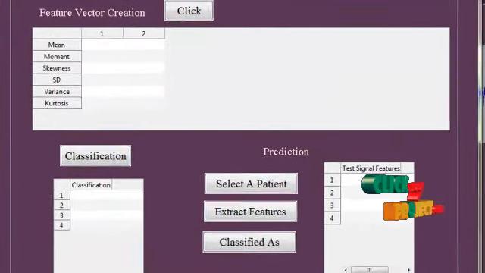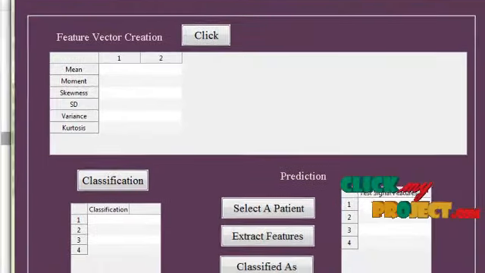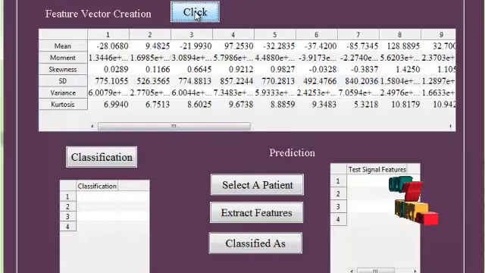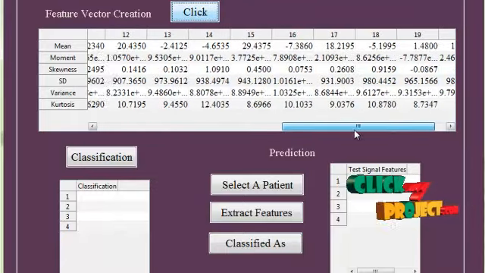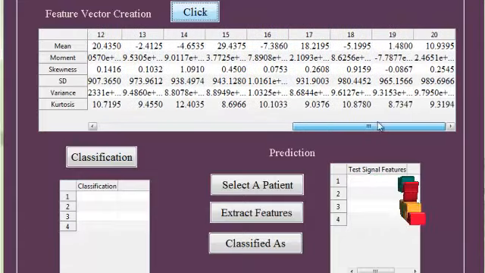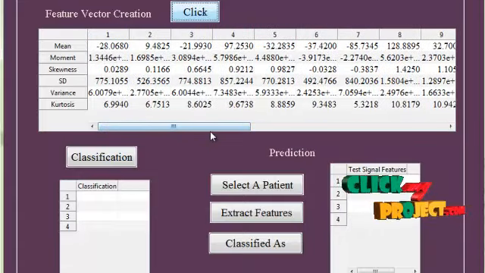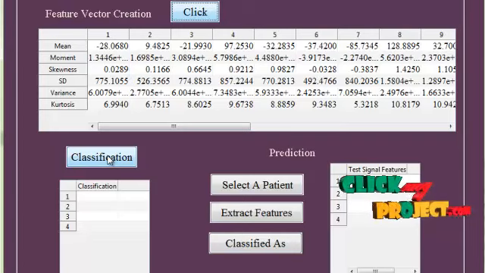This is a GUI representing the feature extraction. When I click this, you will get a feature vector arrangement. Column represents the patient and row represents the features. Then you will be classifying each patient whether he is a normal or Parkinson's disease affected person.